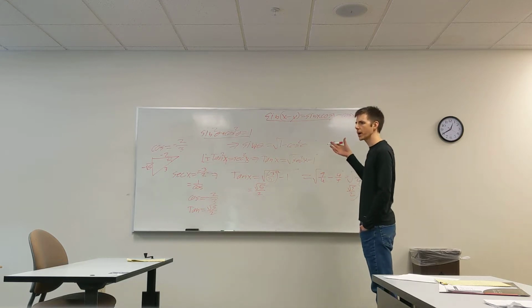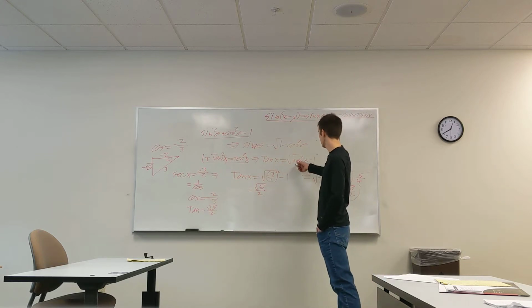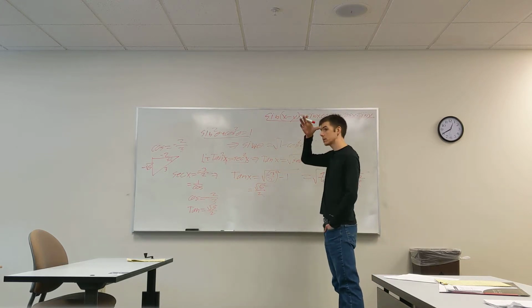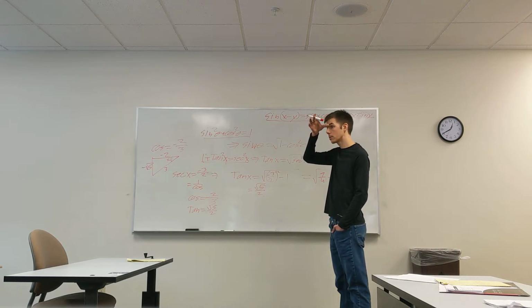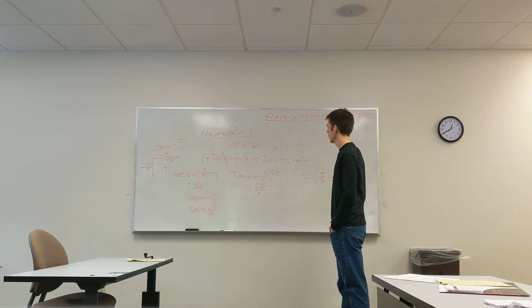Given what secant is, I can use them to find out what the 6 trig values are. Because again, tangent of x is just the square root of secant squared x minus 1. Okay, so that gave me tangent.